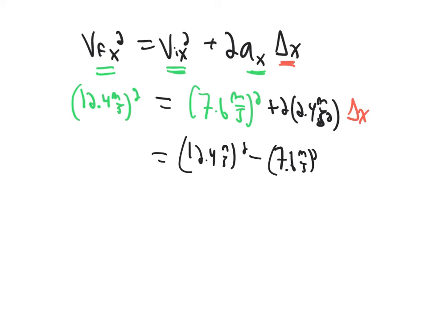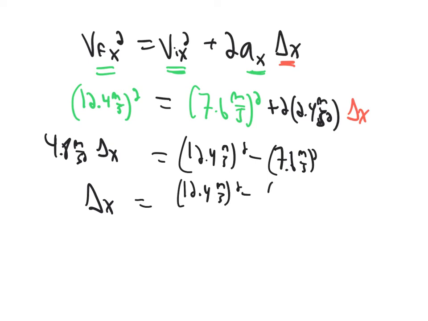That will equal 2 times 2.4, I'll do this as 4.8 meters per second squared, times delta x. So delta x is 12.4 meters per second quantity squared minus 7.6 meters per second quantity squared, all over 4.8 meters per second squared.